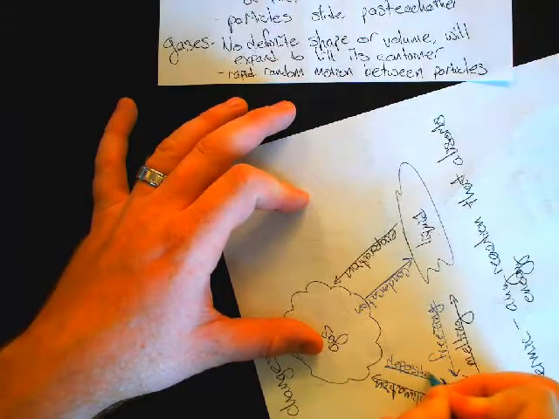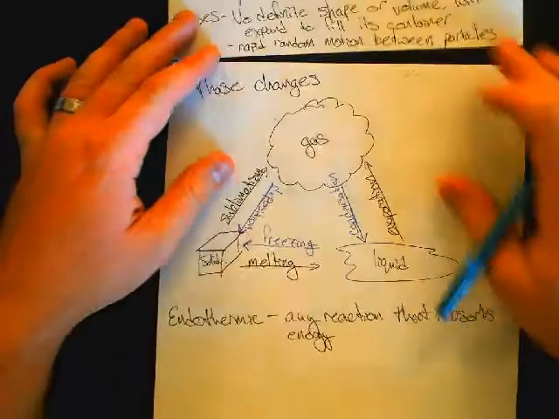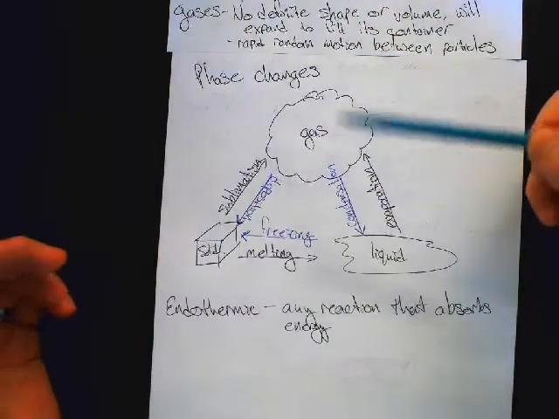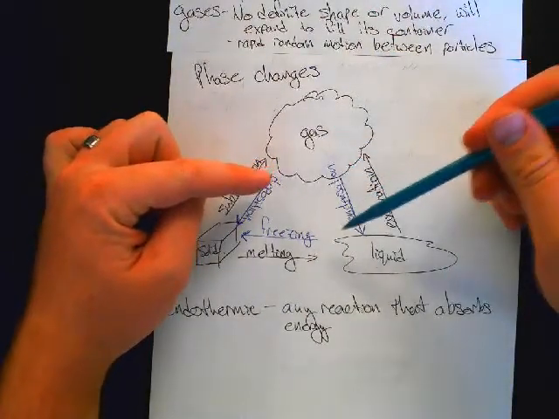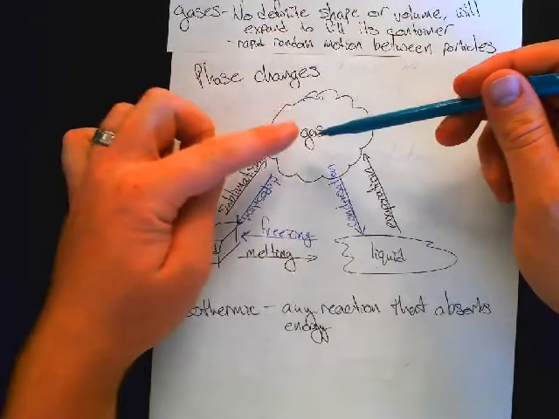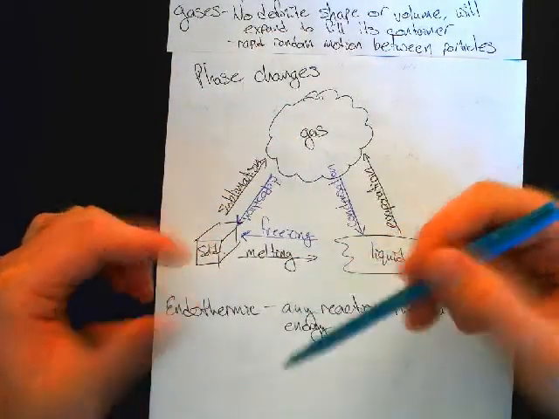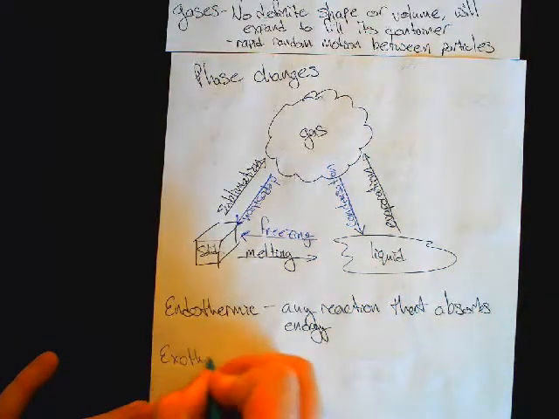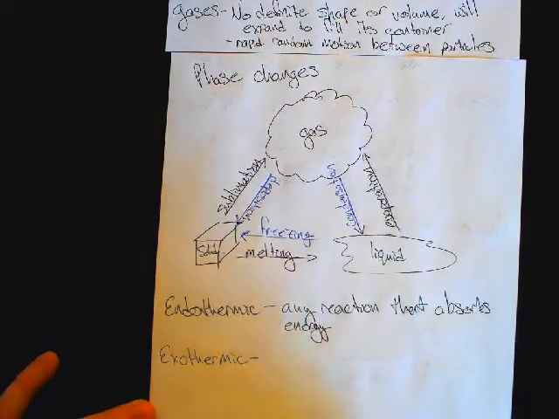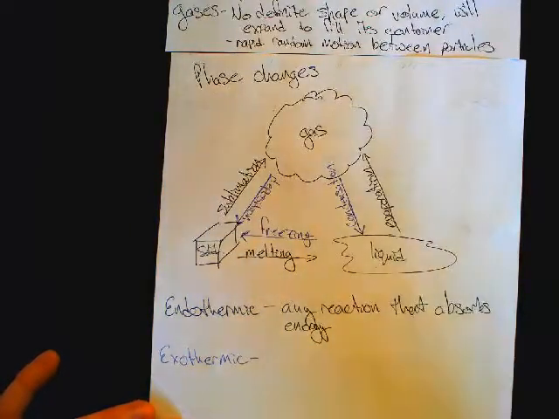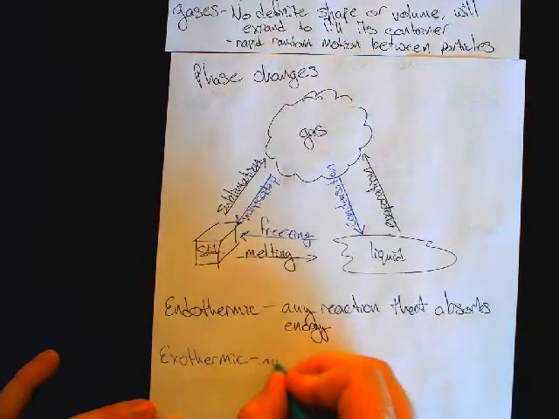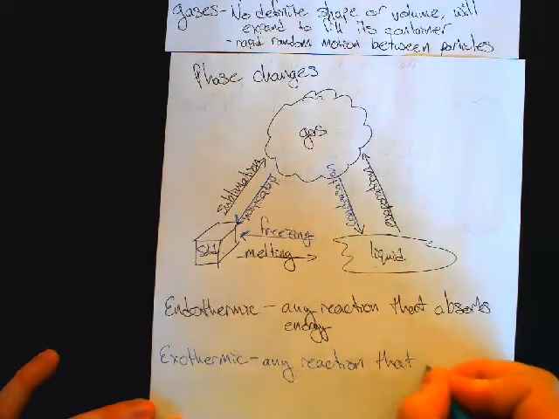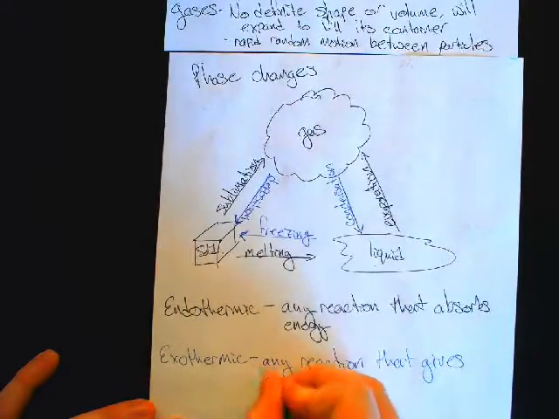So if we're going in terms of how I wrote it, the blue pen, condensation, freezing, and deposition all go from a high state of matter to a low state, meaning they all lose energy. So an exothermic reaction is any reaction or any change that gives off energy.